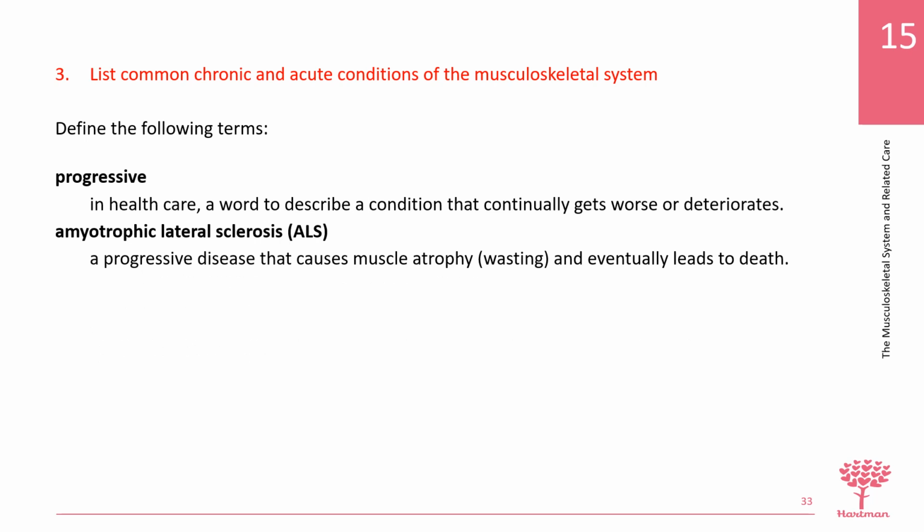Anytime you hear the word progressive in healthcare, it describes a condition that will continuously get worse or it will deteriorate. And then we have something called ALS, which is amyotrophic lateral sclerosis, a progressive disease that causes muscle atrophy, so severe wasting, and will eventually lead to death.